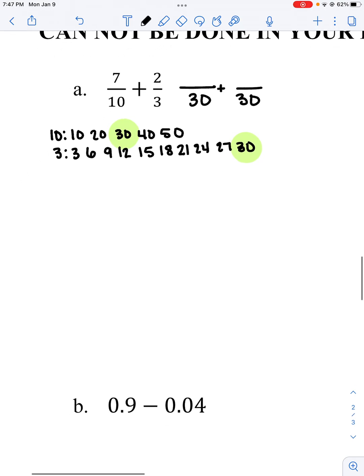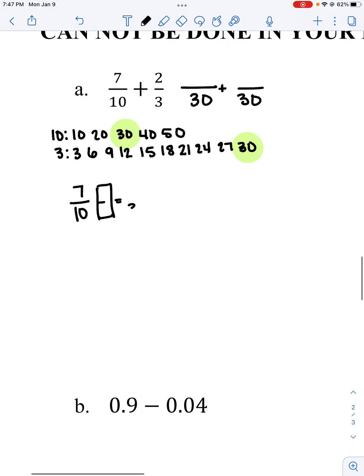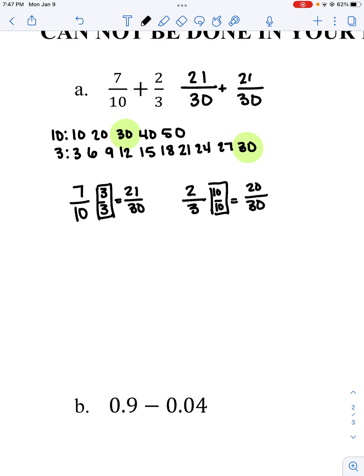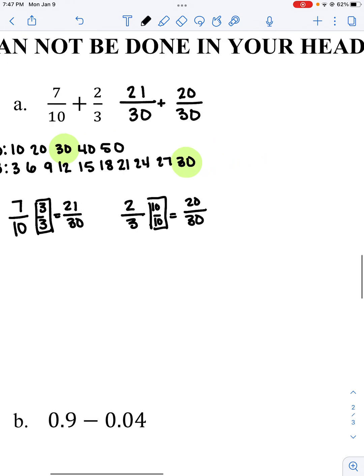So I'm going to rewrite my fractions as fractions out of 30. I do need to create equivalent fractions. 10 times 3 is 30. 7 times 3 is 21. 3 times 10 is 30. 2 times 10 is 20. 21 plus 20 is 41.